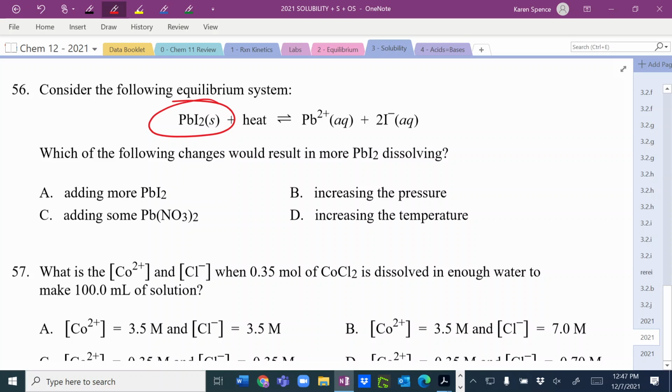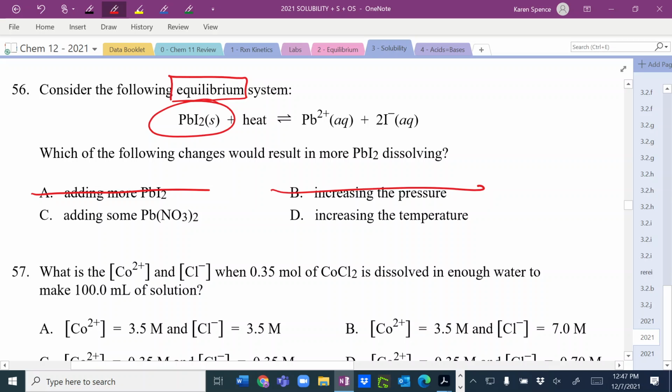I have a saturated solution because I'm at equilibrium. And if I'm in equilibrium, it has to be saturated. If I add more of the salt, will more of the salt dissolve? No, because it's already full. Wrong. Increasing the pressure? Well, there's no gases.